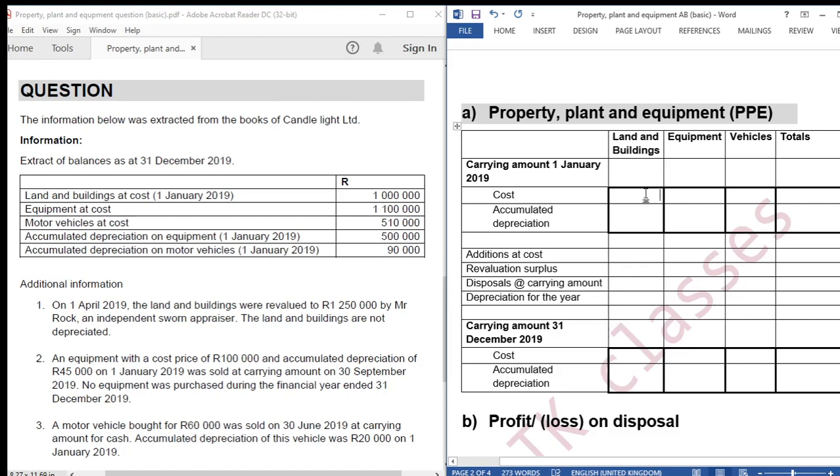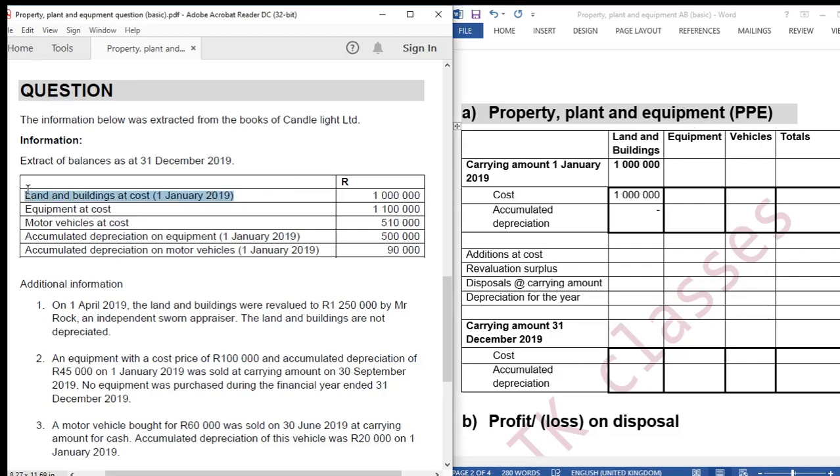Land and buildings at cost, 1 January 2019, 1 million. We don't have depreciation, which means 1 million subtract 0, that's 1 million. Let's strike through this.